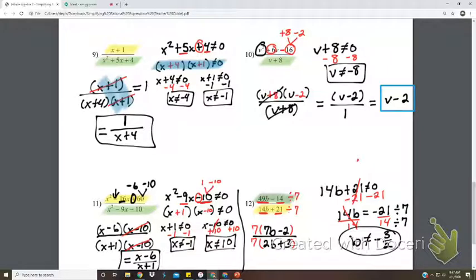I'm going to look for what is exactly the same. The entire factor that's the same would be the 7. 7 divided by 7 would be 1 and cancel out. So our final answer on this would be 7b minus 2 over 2b plus 3, and b cannot be equal to negative 3 over 2.